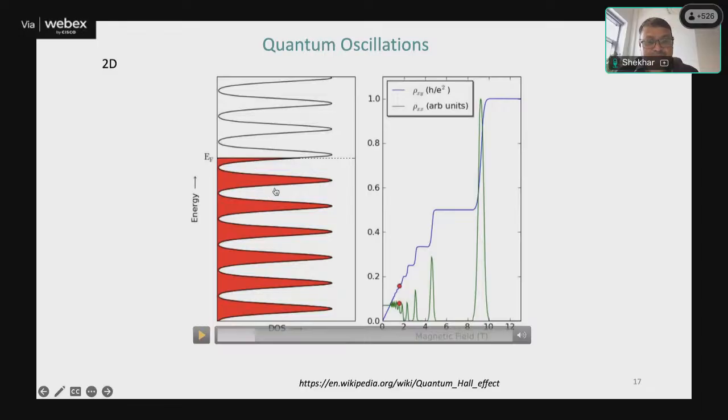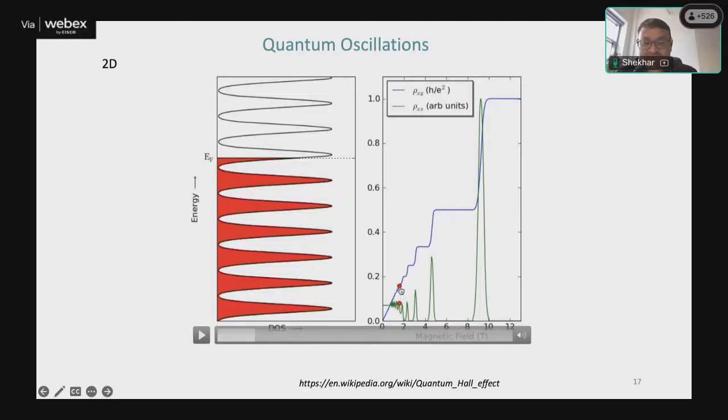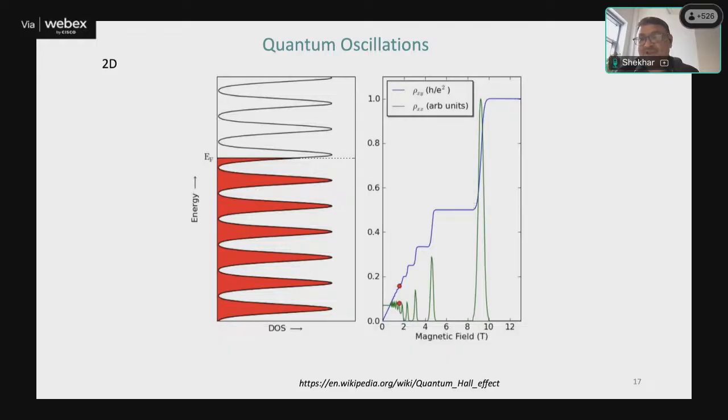That means the red and white patches are shifting through the Fermi level. That means you change the density of states at the Fermi level, so we see changes in the physical quantity. Here the resistance going up and down is appearing in the physical quantity. That is the origin of the quantum oscillation.